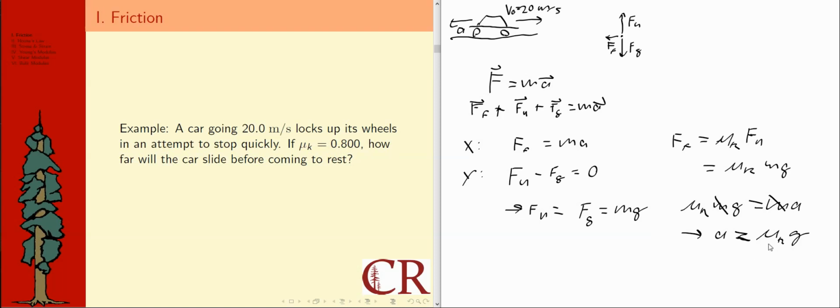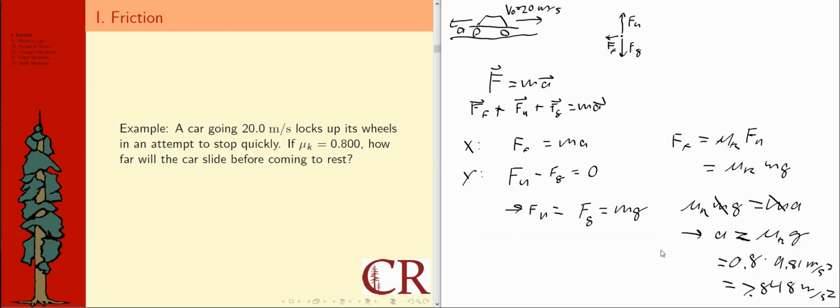Anyway, that would let us actually calculate this, because we could say 0.8 times 9.81 meters per second squared. And let me consult my calculator again here. That gives me 7.848 meters per second squared.